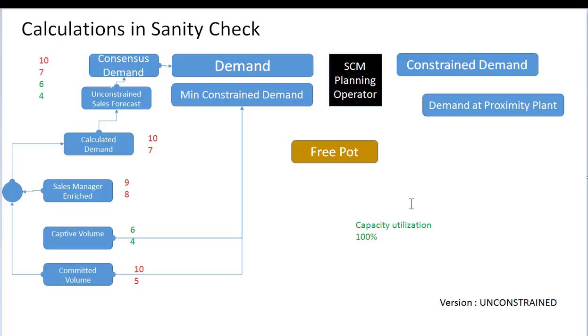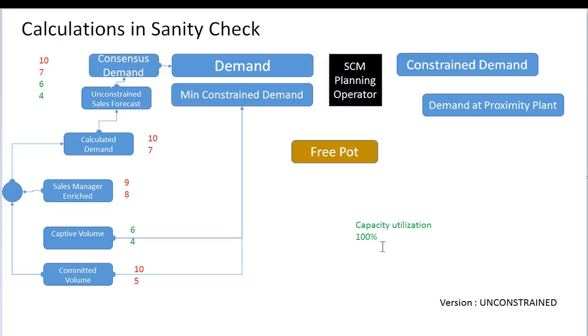If the planner feels that there is an extra need to make sure that this is the case based on a given demand, this analysis is not enough, because here the free pot that is calculated is also being factored in the capacity utilization.